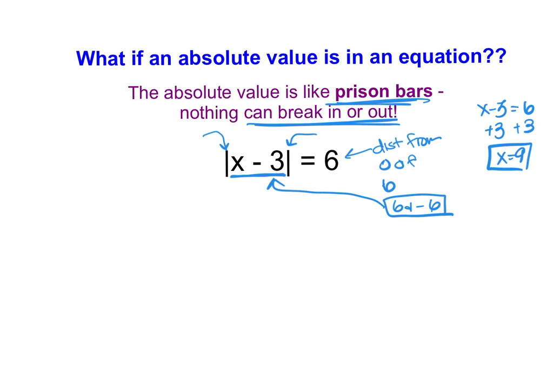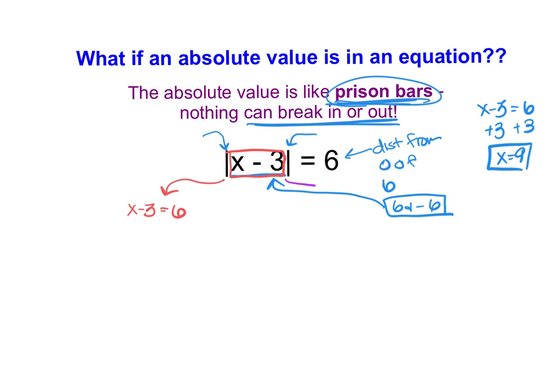The way that we break down these prison walls of the absolute value is we take one bar and we take x minus 3 and say, well, one option is that x minus 3 equals 6. If we can make this interior part equal 6, the absolute value of 6 will be 6.